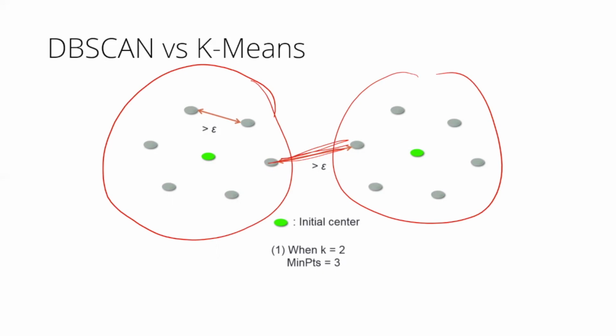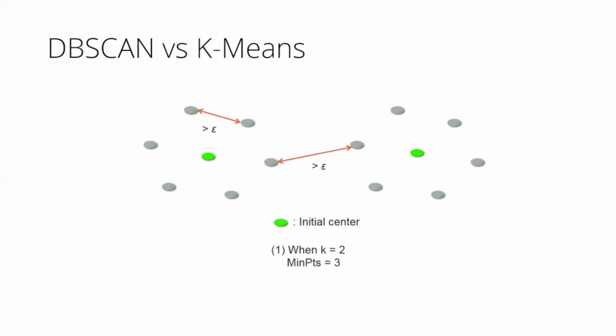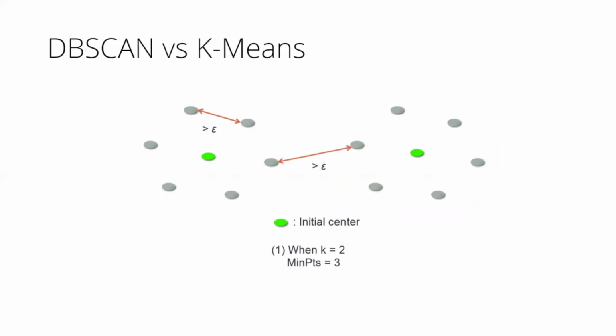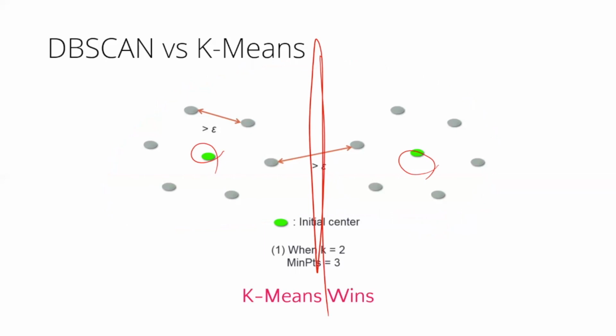In that case, DBSCAN is going to consider these 2 circles as a whole, one chunk of a cluster, whereas k-means is going to still converge to the right value, which is going to give you a nice split between the 2 chunks. So this is the case where k-means can perform better than the DBSCAN algorithm.